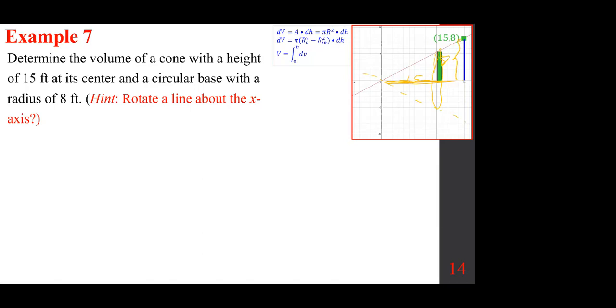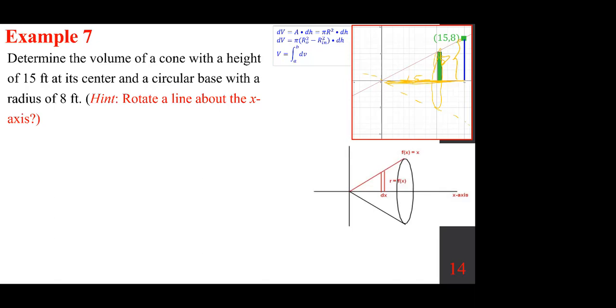So what do we need to figure out? Well, let's come up with the equation of a line. First, understand that if you revolve it, it looks like a cone, class. This thickness is your dx, and this distance is r. And this is the y.